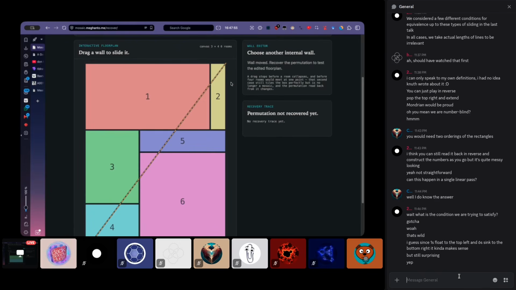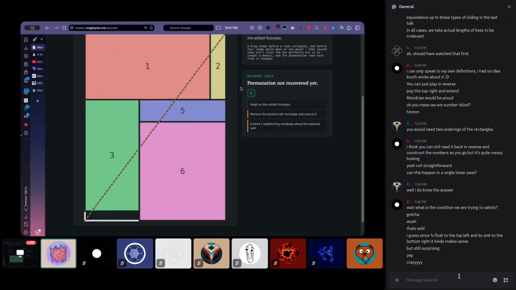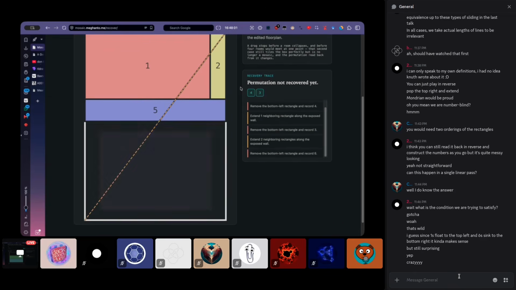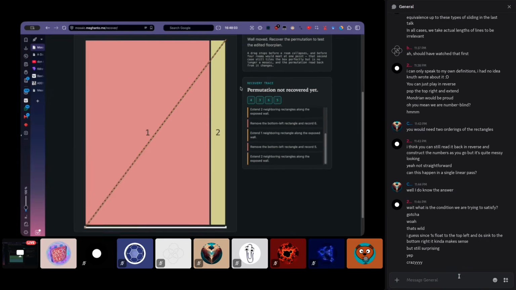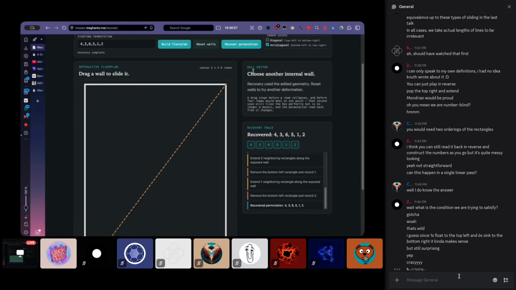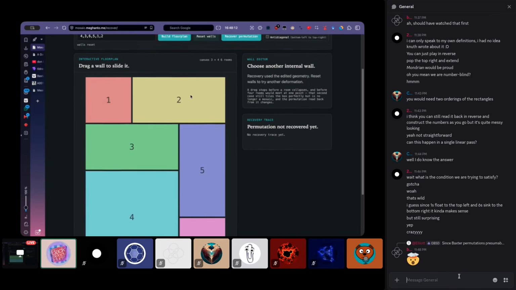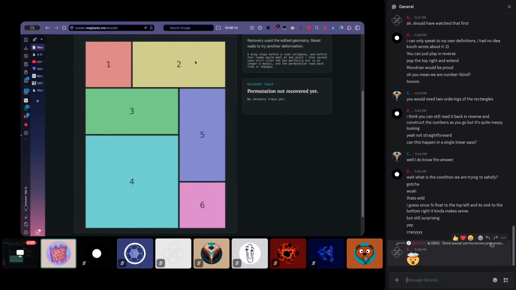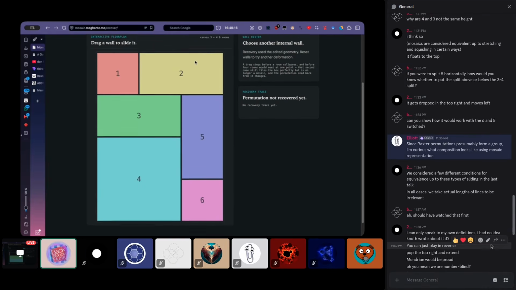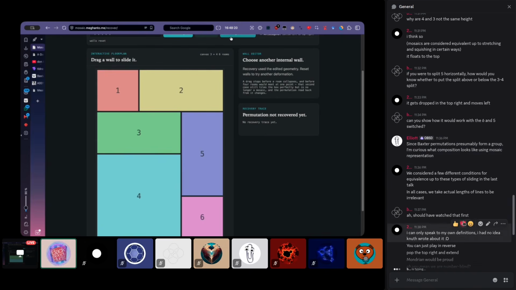But just for the sake of it, we can recover the permutation. Let's reset the walls. Even if we didn't mess around with it, we could, let me zoom out a bit, recover the permutation just by popping the bottom left every time.